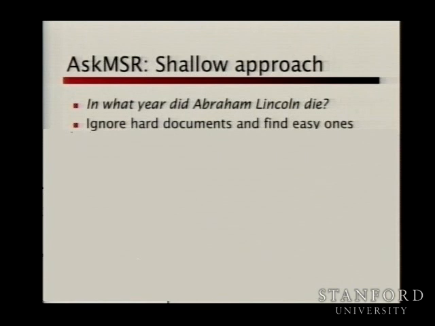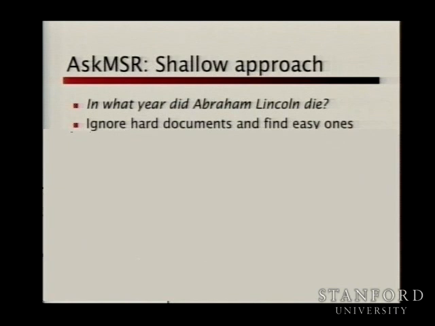So here's the question: in what year did Abraham Lincoln die? And there are difficult ways that you could find the answer, because there can be some piece of text where there's mention of a death date, and if you're clever, you might be able to connect it up with Abraham Lincoln.